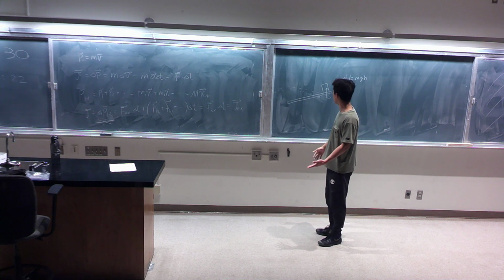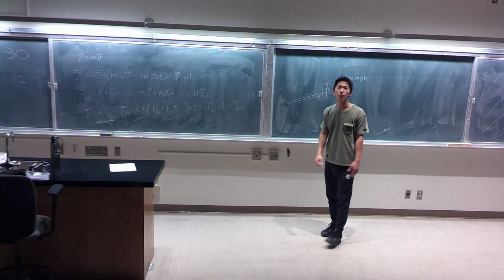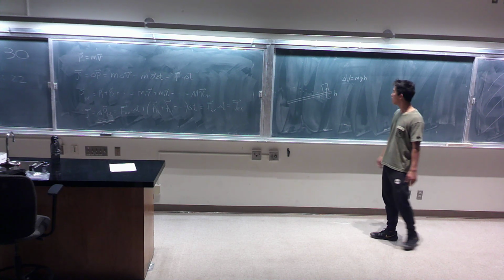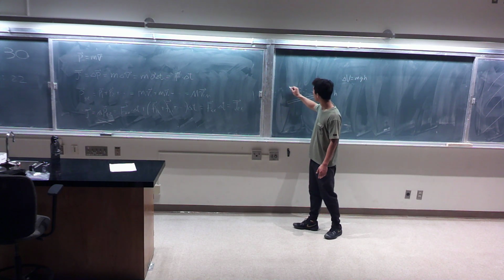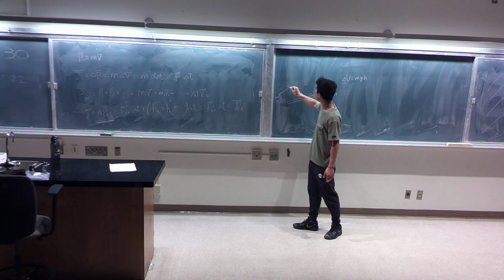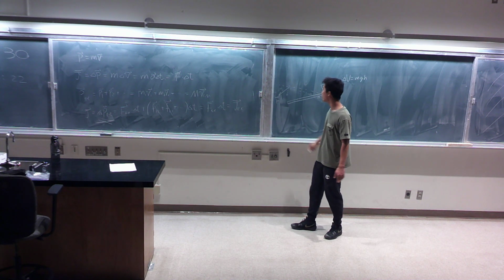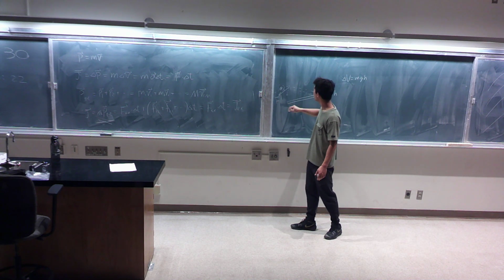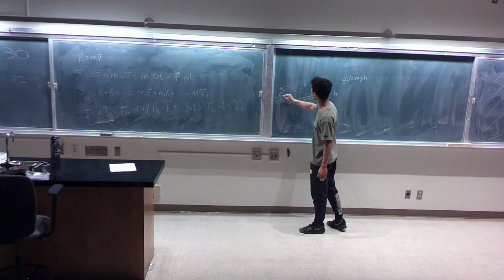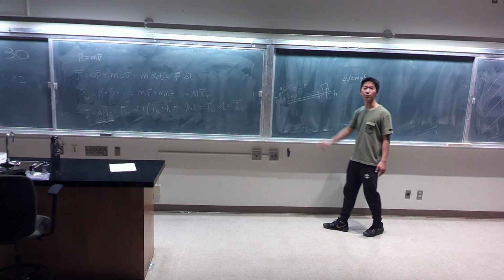Now, this energy is not free. You need to do external work to increase the energy of the system. And that work comes from you pushing down, and you need to take the component along the displacement. So if this is theta, which is the angle between your lever arm and the force, you need to take the sine theta, and that will be the component along the displacement that will do work.